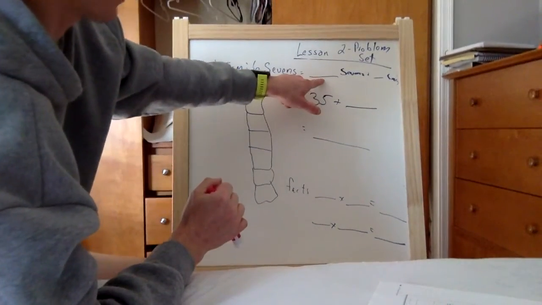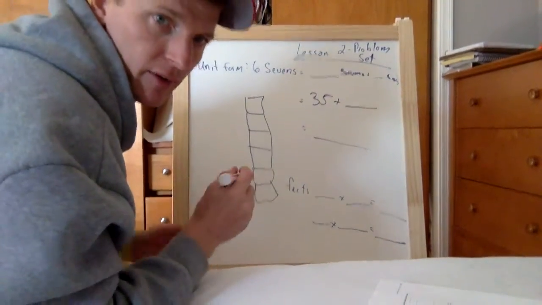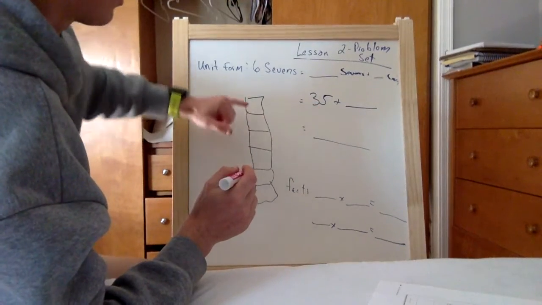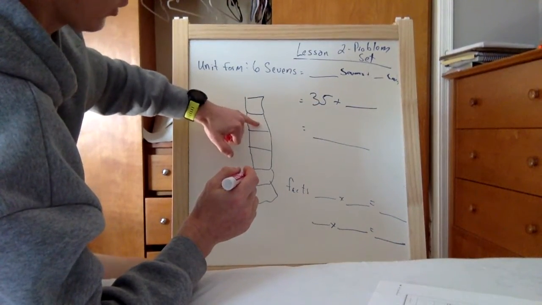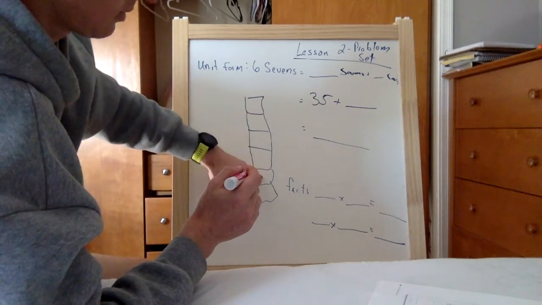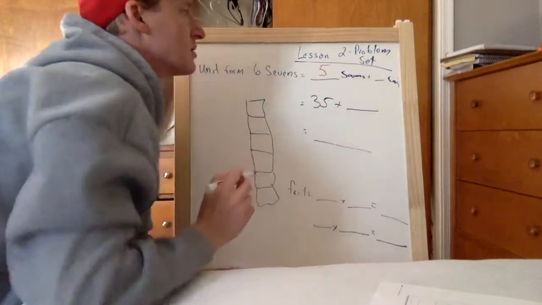That will go in this box. Count by our 7s until you hit the 35. 7, 14, 21, 28, 35. So this is 5 sevens.